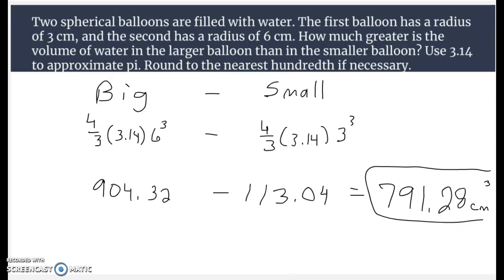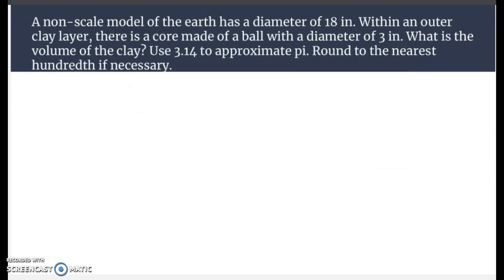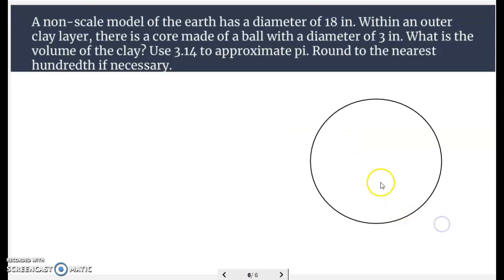Let's look at one more application problem. The non-scale model of Earth has a diameter of 18 inches and an outer clay layer. Kind of model that here. And then there's a core made of a ball with a diameter of 3 inches. Alright, so this is the scale model of Earth. Please note that they're talking about the diameters.